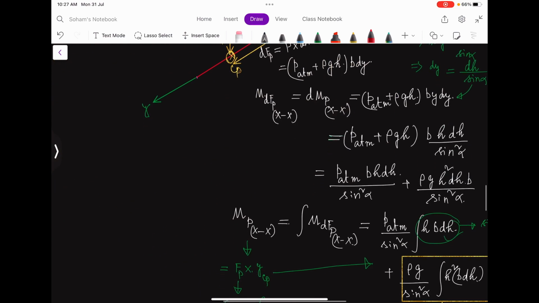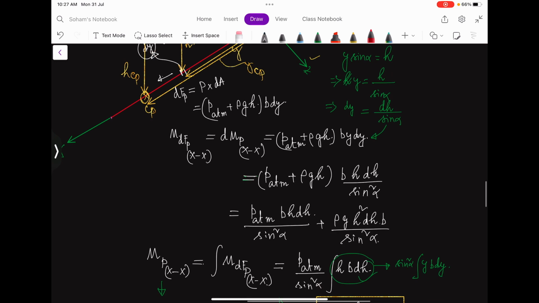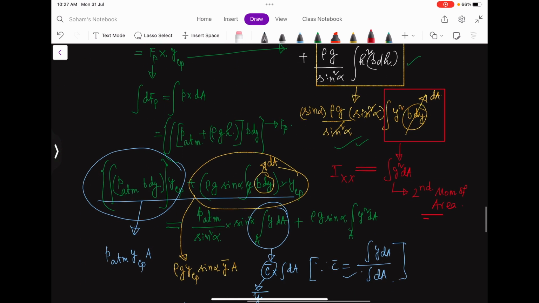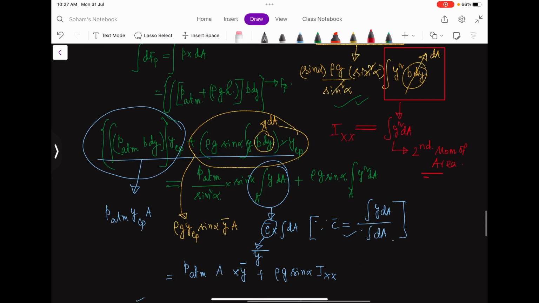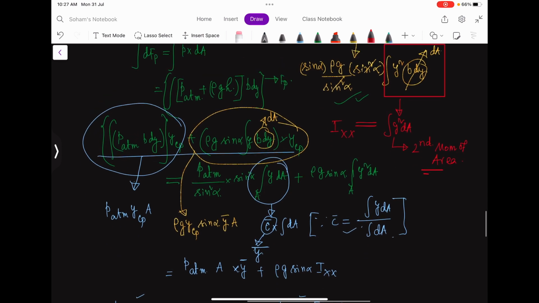So in that case, if I consider the effect of PATM separately, then this YCP must turn down to y by 2.